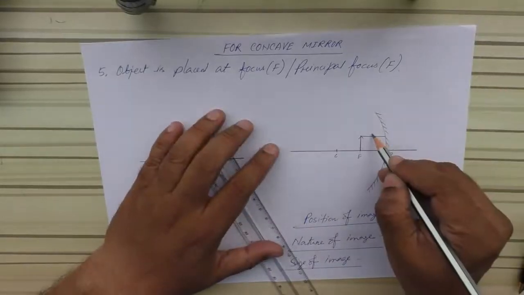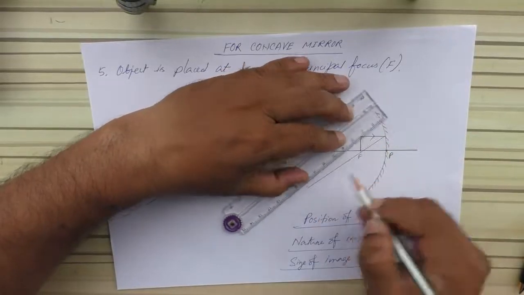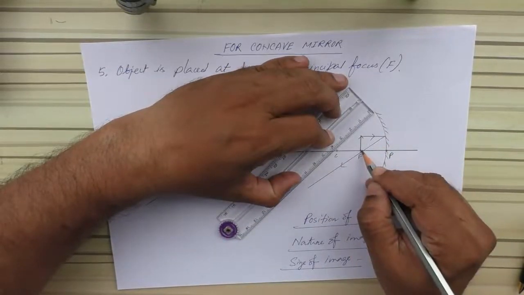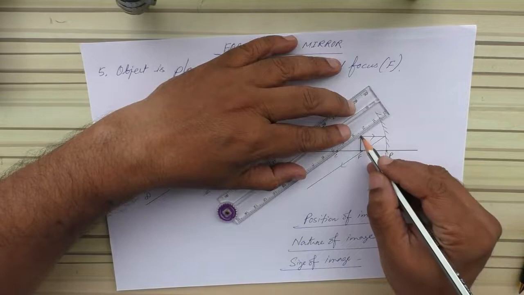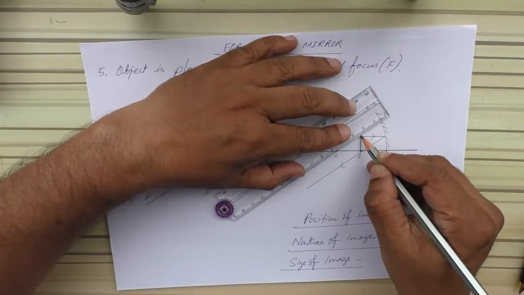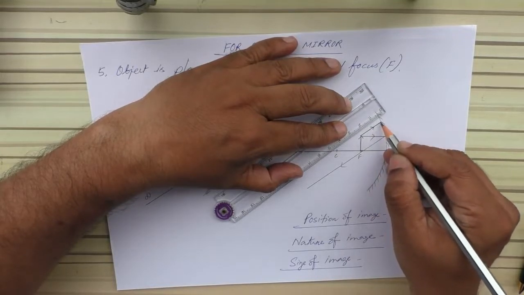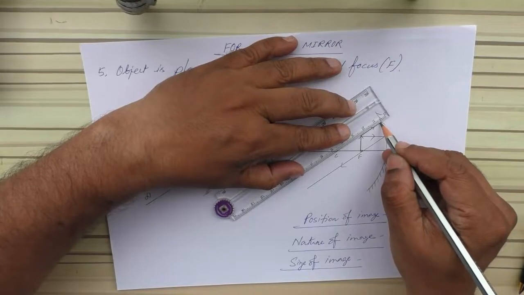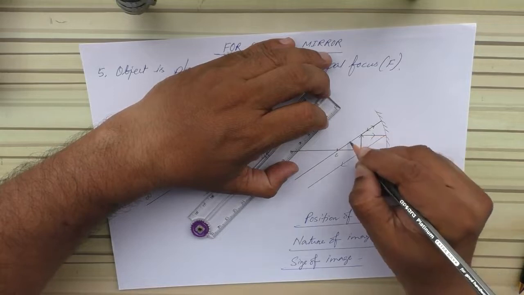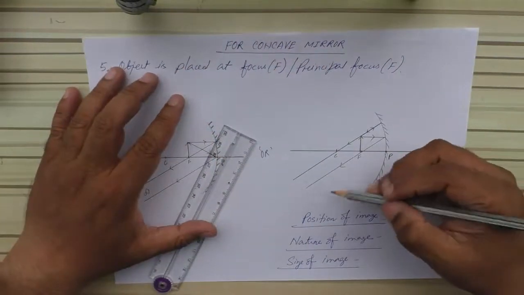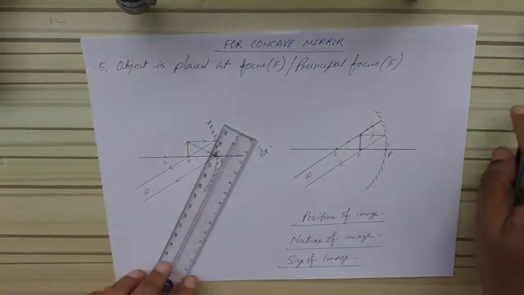After reflection, this light ray passes through focus, and another ray of light incident on the mirror in such a way that there is normal incidence, and this light ray will retrace its path after reflection, and the reflected light rays, these two light rays should appear parallel to the principal axis.